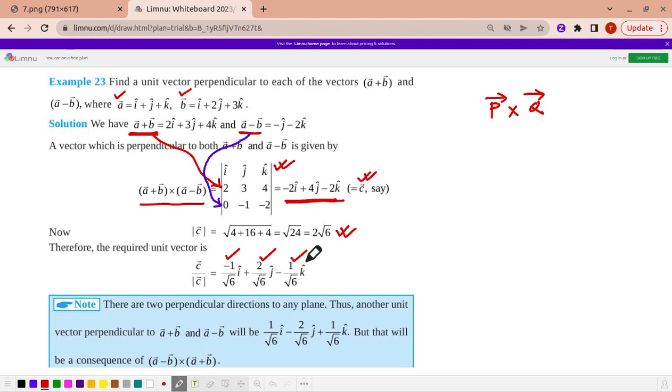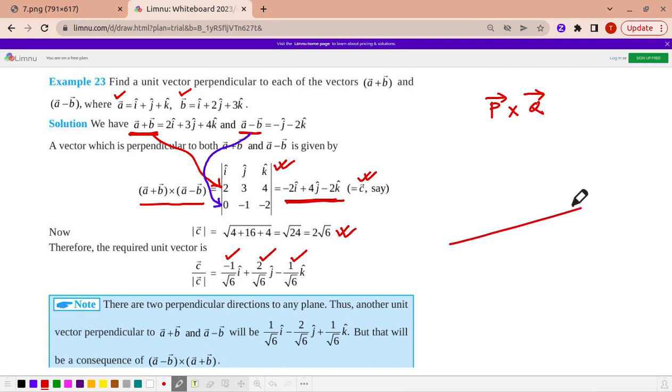Now here is a point to be noted. What is the question? Find a unit vector perpendicular to each of the vectors a plus b and a minus b. So let me first explain by means of a visual representation. Suppose this is the vector a plus b.